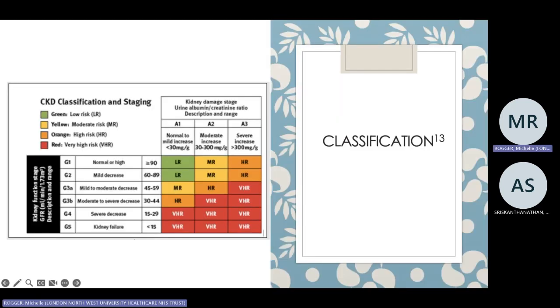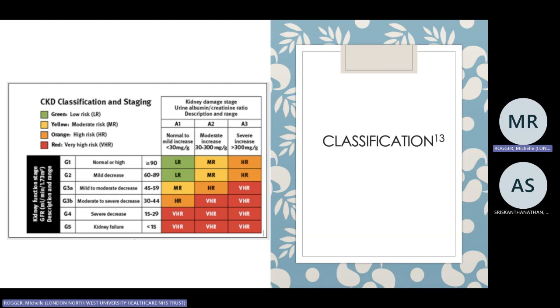So CKD is classified using this diagram, based on kidney function using eGFR and kidney damage based on albuminuria. You've got the different stages, technically 1 to 5. G1 is normal or high, so it's above 90.